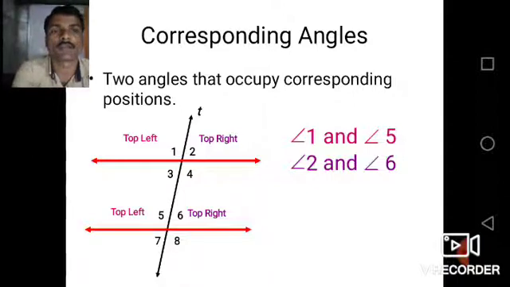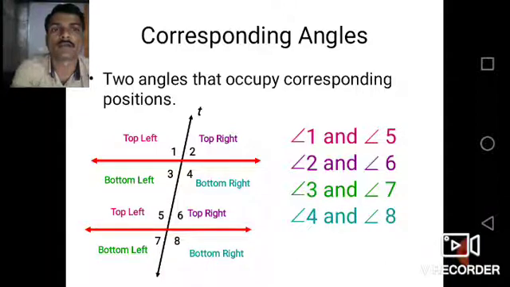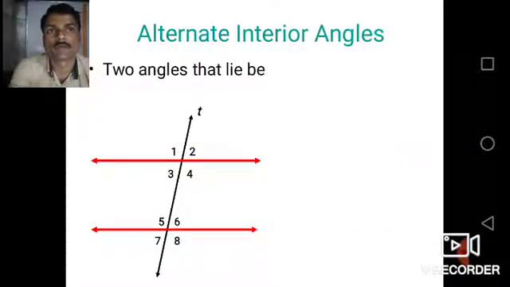Angle 3 and angle 7, bottom left of the parallel lines and transversal, is the third pair of corresponding angles. Bottom right, angle 4 and angle 8, is the fourth pair of corresponding angles. There are four pairs of corresponding angles.